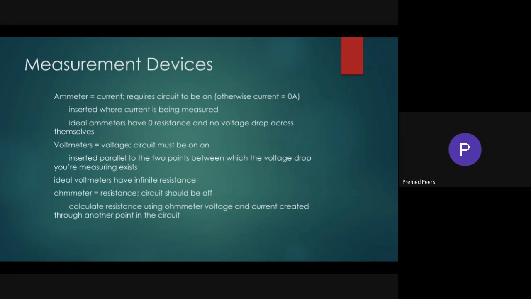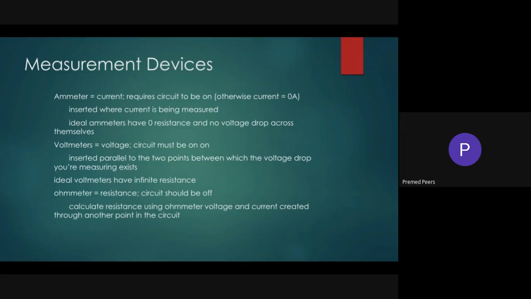Okay, so this next slide is pretty surface level. It's just talking about the two different measurement devices that might come up when discussing current. An ammeter is used to measure current. It requires the circuit to be on, which means your current has to be present, otherwise your ammeter is just going to read 0.